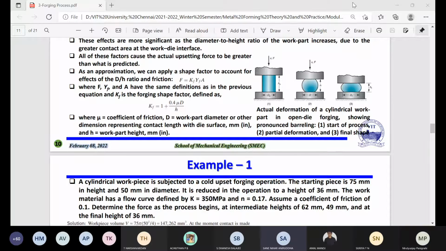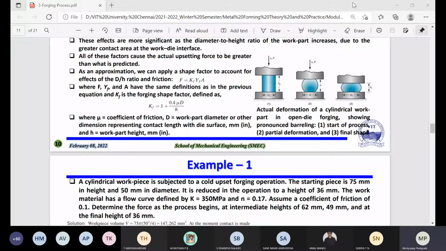Oh, okay, I did that wrong. Yeah, D is 50. Then H is 75. So 1.026. Yeah, fine. Yes, sir.